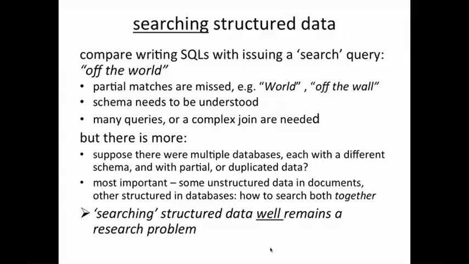The point I'm trying to make is that searching structured data well in a query-like manner remains a research problem. The fact that so much structured data is being accessed using applications is only because a lot of complicated programming using SQL goes into accessing that data.